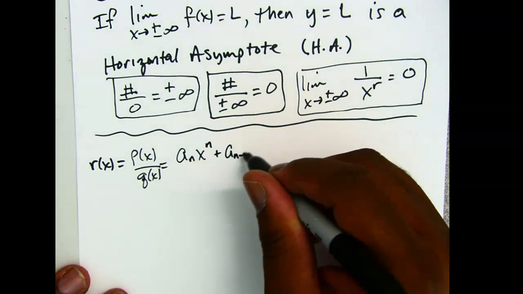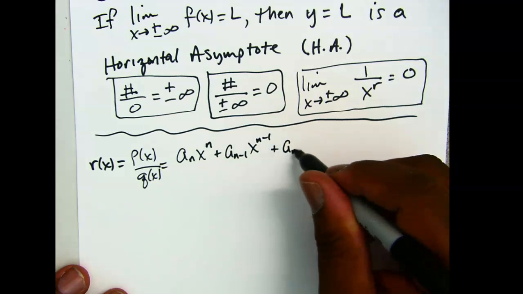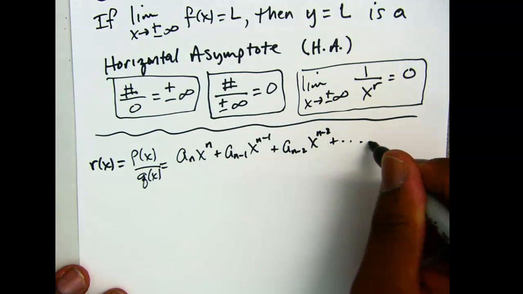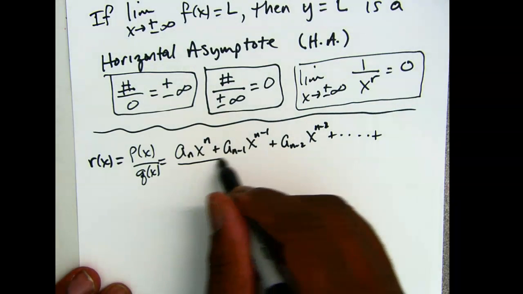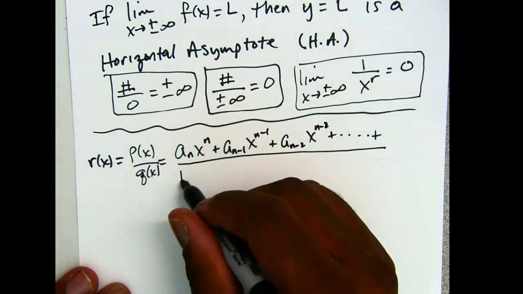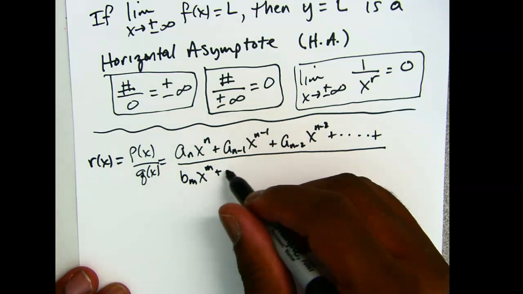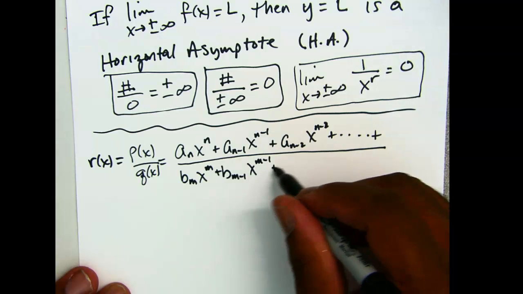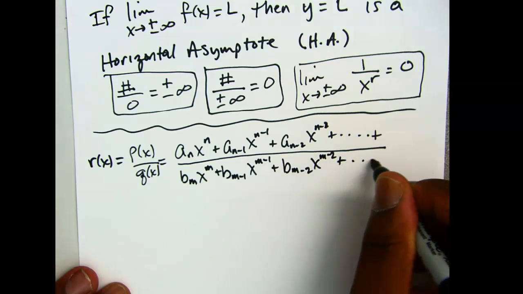So that's plus some a sub n minus 1, x to the n minus 1, plus a sub n minus 2, x to the n minus 2. Divided by q of x, which is equal to some b sub m x to the m plus b sub m minus 1 x to the m minus 1, plus b sub m minus 2 x to the m minus 2.